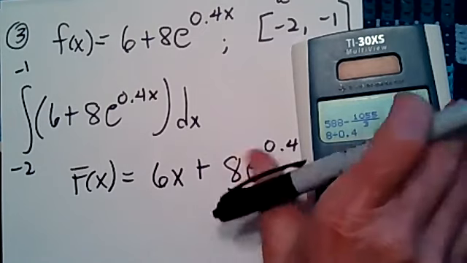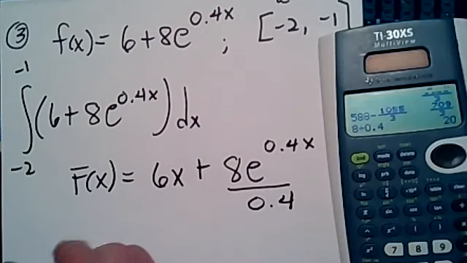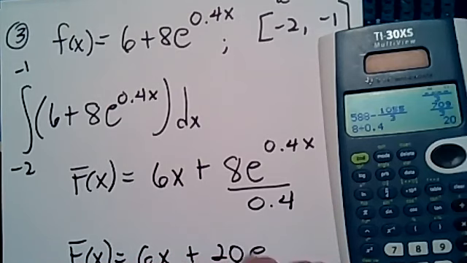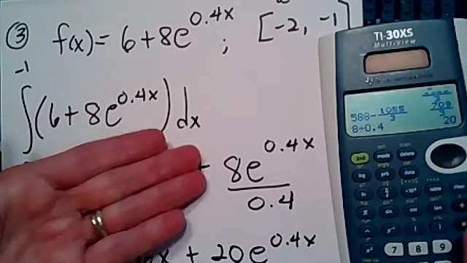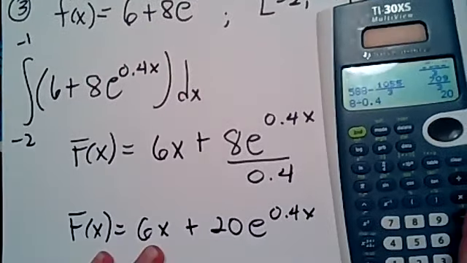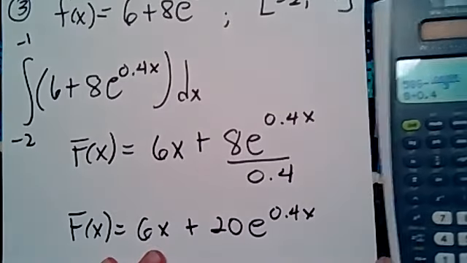It does. And so I'm just going to say my antiderivative is 6x plus 20e to the 0.4x, only because it makes it easier for me to type in than instead of saying 8 divided by 0.4, but clearly it's the same thing. Okay, so we're going to evaluate it.